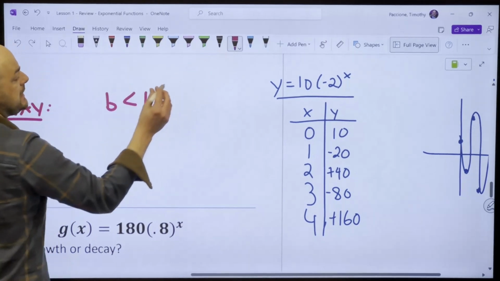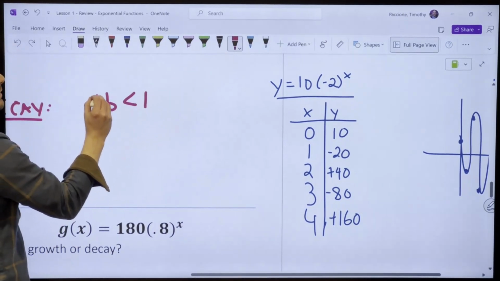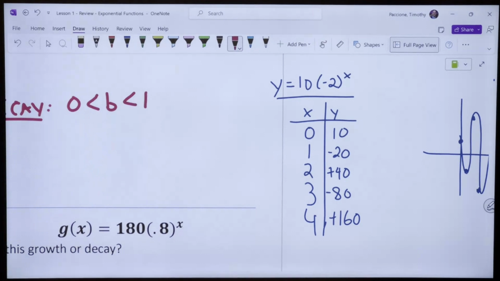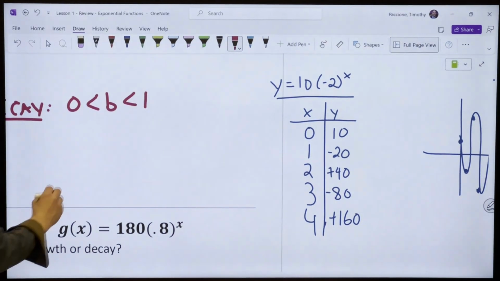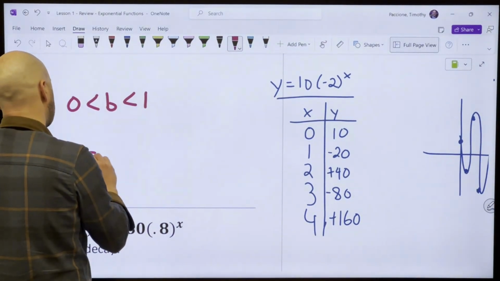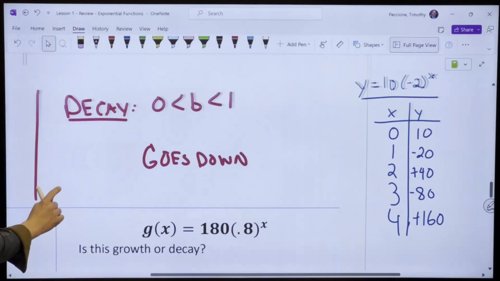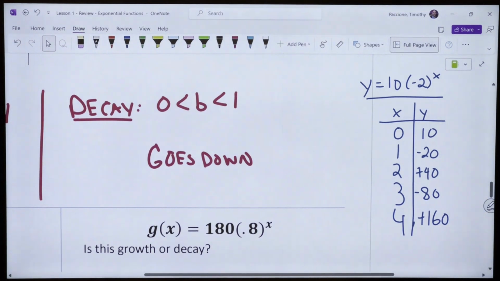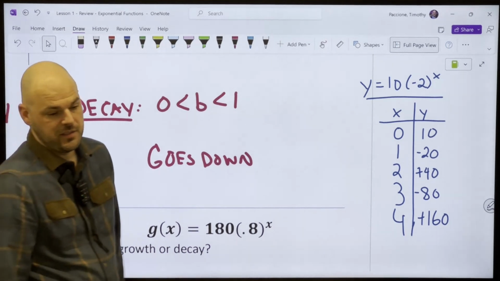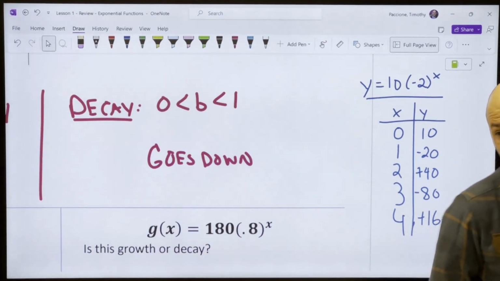Not only is it less than 1, it has to be greater than 0. That will make it go down. That's decay. Between 0 and 1. Pick a number between 0 and 1, and it'll multiply by that, and it'll go down.